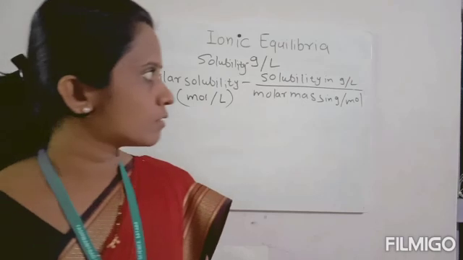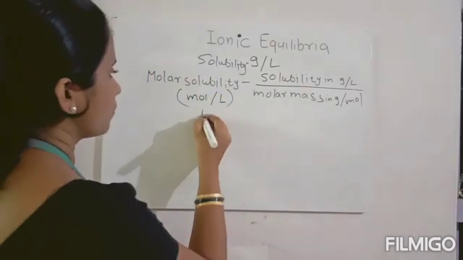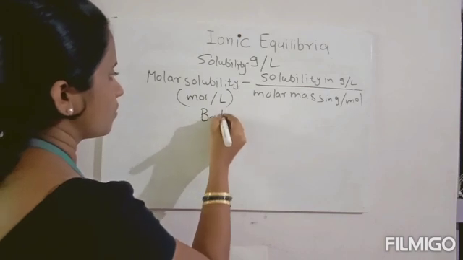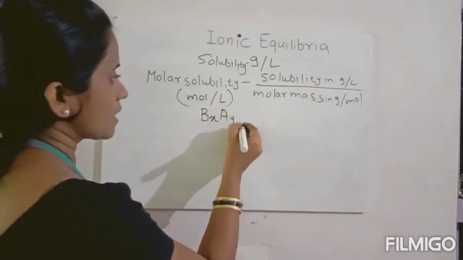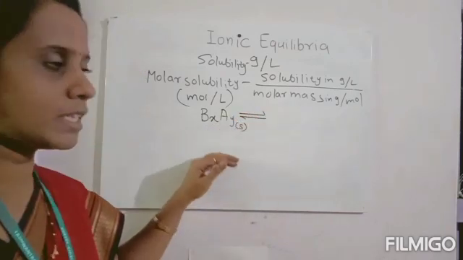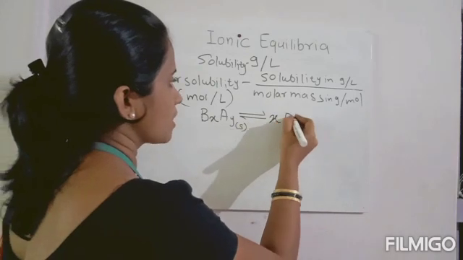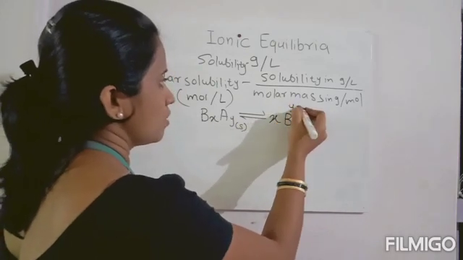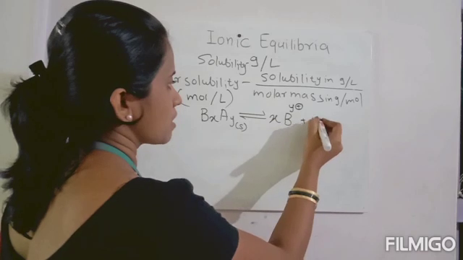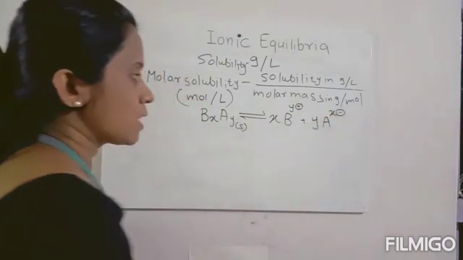Now consider a reaction or the solubility equilibria BxAy, we are taking a general solubility equilibria example: x B raised to y plus, plus y A raised to x minus.